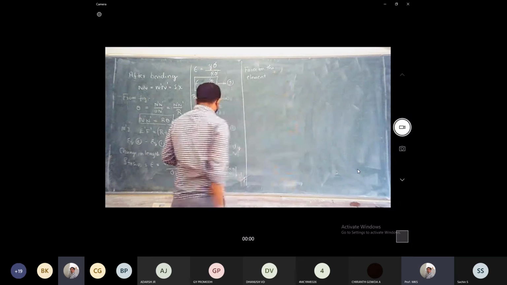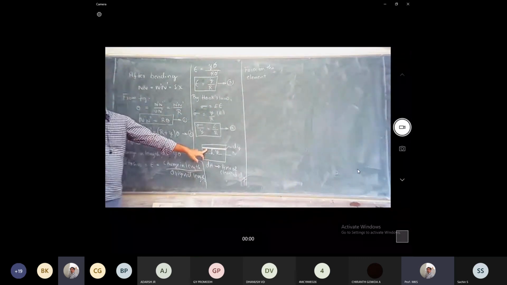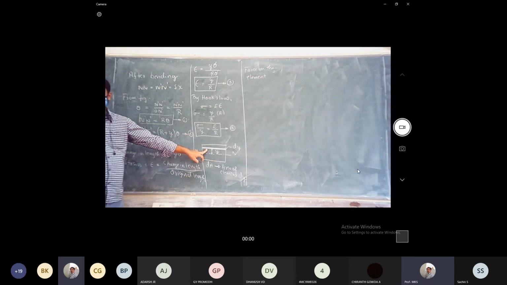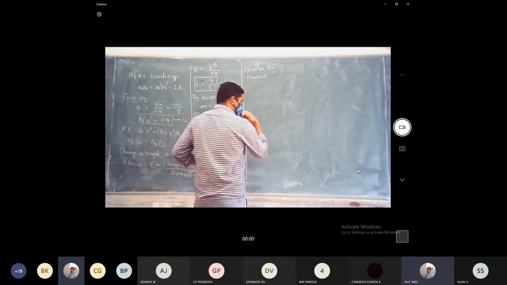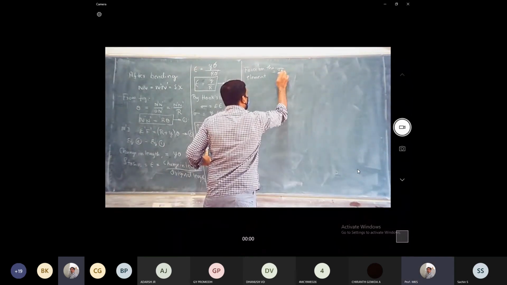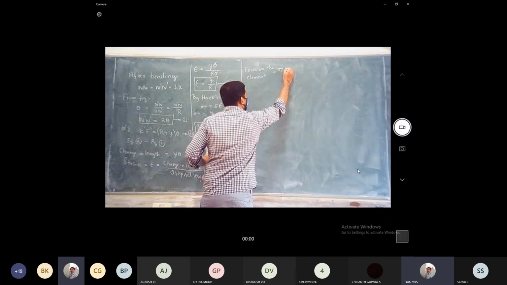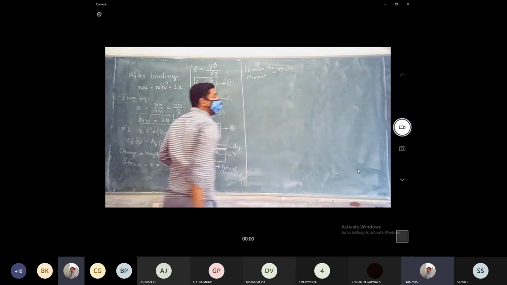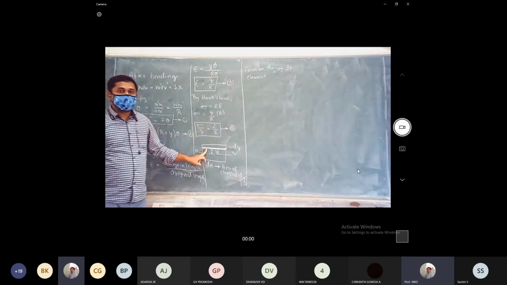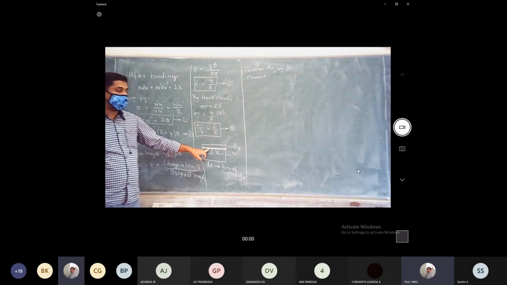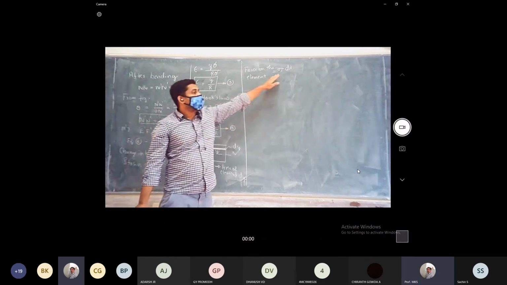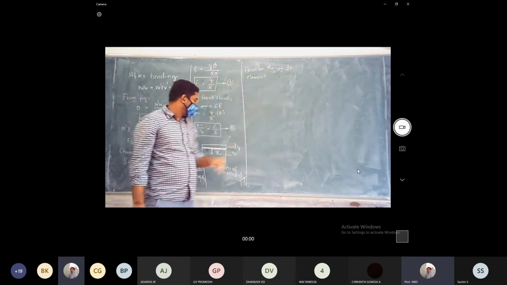Force is equal to stress into area, right? Let the stress be sigma and the area be dA. The force on this element is sigma into dA.